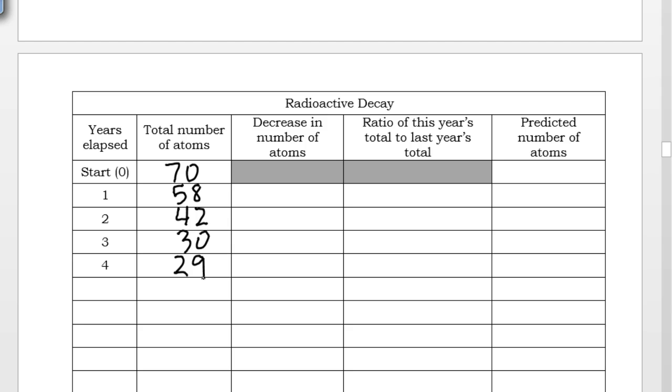If I calculate all of these ratios, I'm not going to get the same every single time.